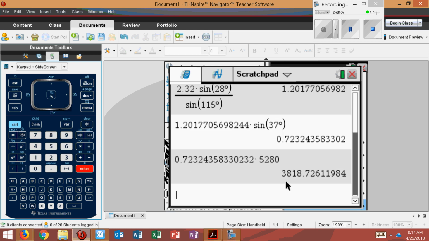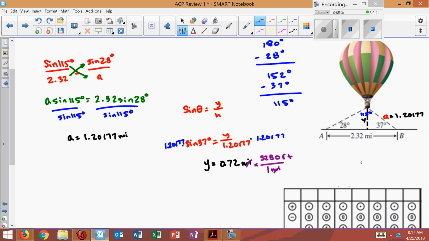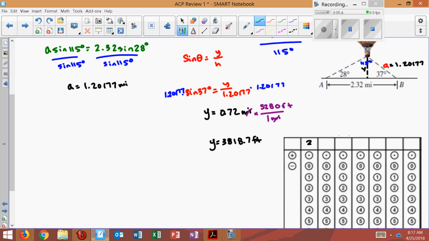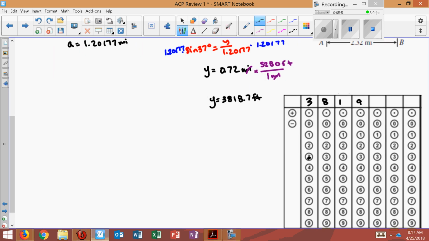I get 3818.73. I'm just going to say y equals 3818.7 feet. And this said round to the nearest foot. So my answer would be 3819. That would be my answer here. This is in feet. 3819. And that's my answer in feet.